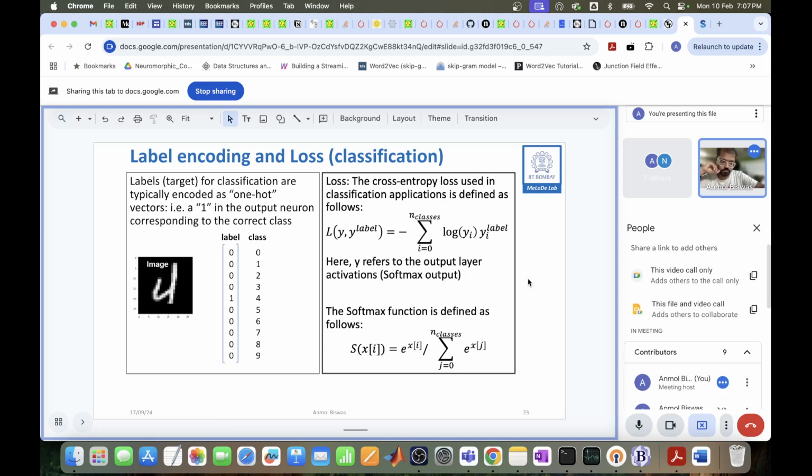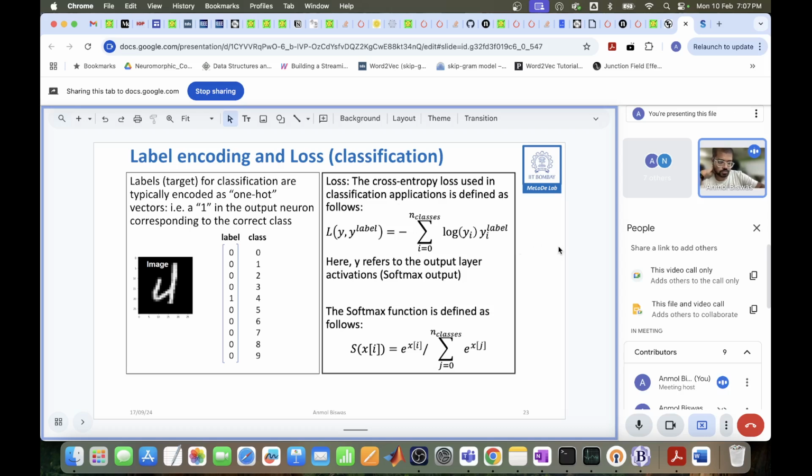The other part here deals with the loss, and I say loss, but it includes both the loss and the activation function. The loss obviously is the cross entropy loss, which is defined like this.